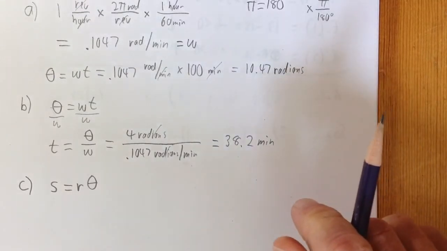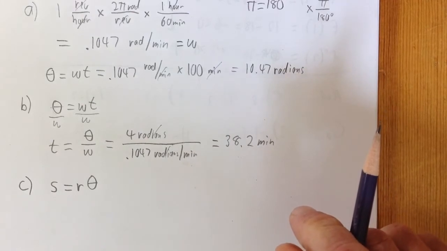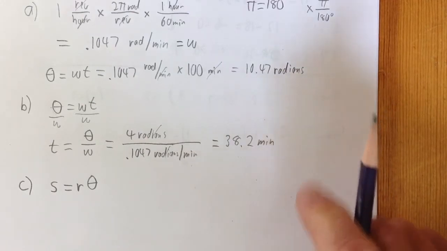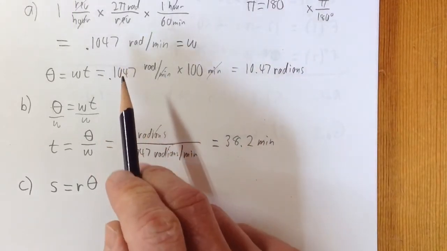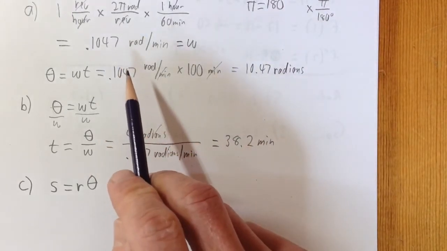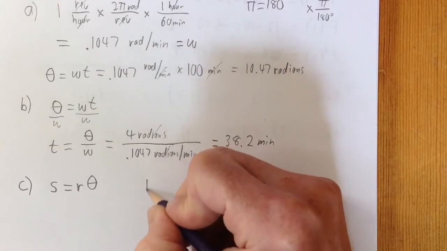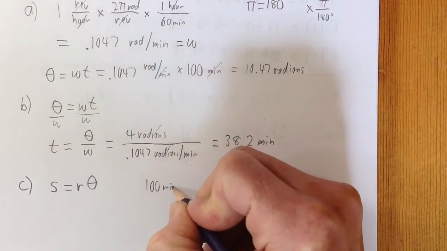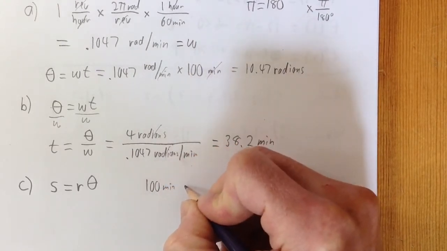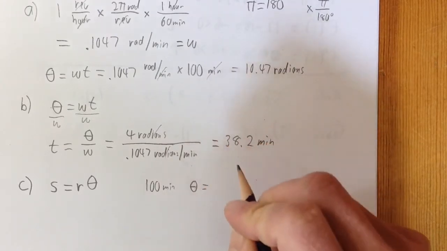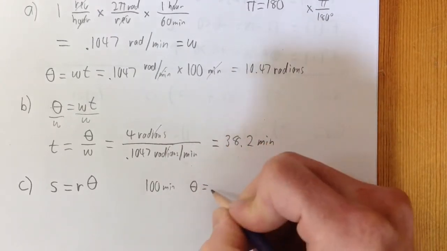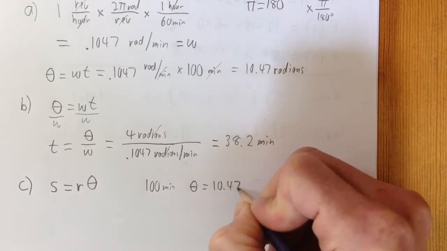So, in 100 minutes, how far do they go? Well, they asked that in part A, how many radians does it turn in 100 minutes? So, from part A, we know that theta, the number of radians, was 10.47.